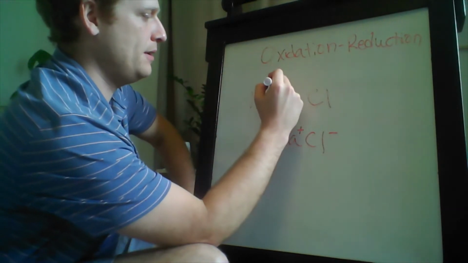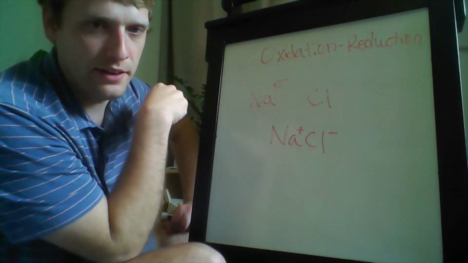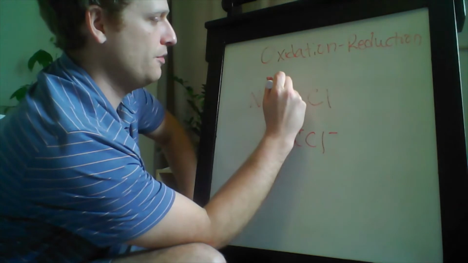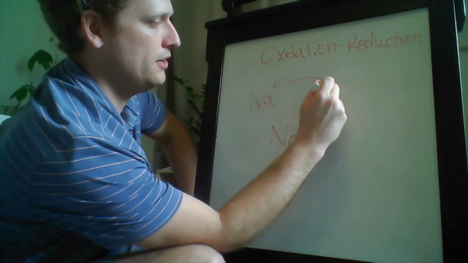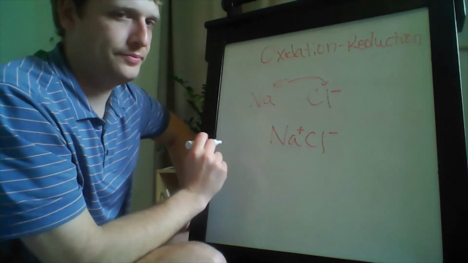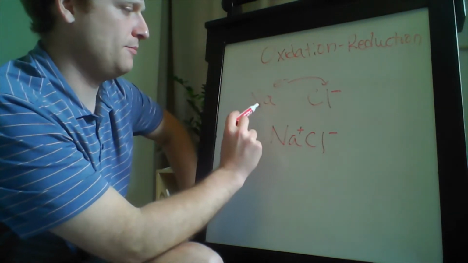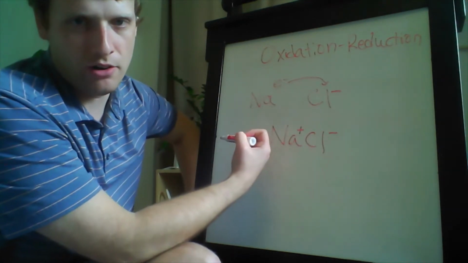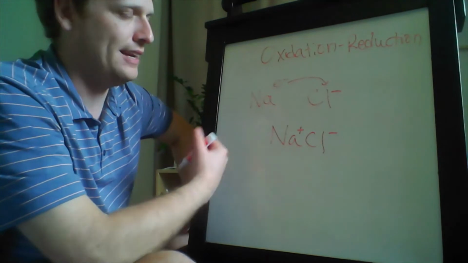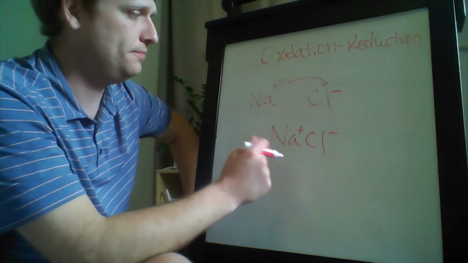And what's going to happen is an electron, which again carries a negative charge, from sodium is going to be transferred to chlorine. So when you take that electron away from sodium and give it to chlorine, that gives chlorine a negative charge. It's got one more electron than it had, one more negative charge.